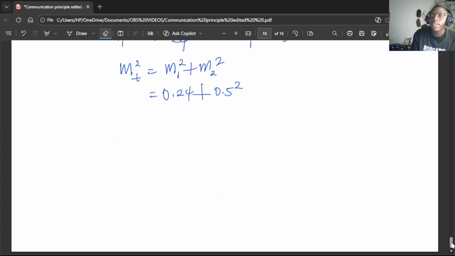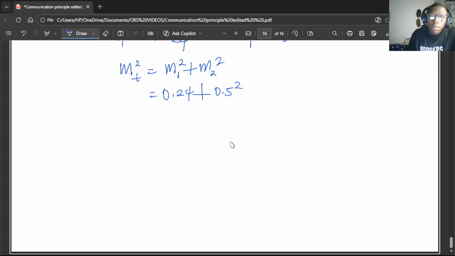Now, what do we have here? We simply have 0.24 plus 0.5. Now, if you punch that with your calculator, you will simply arrive at 0.49. Remember, this is Mt square. So what do you think we are going to do to make MT stand alone?